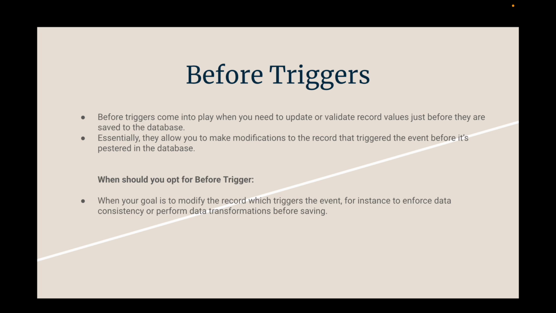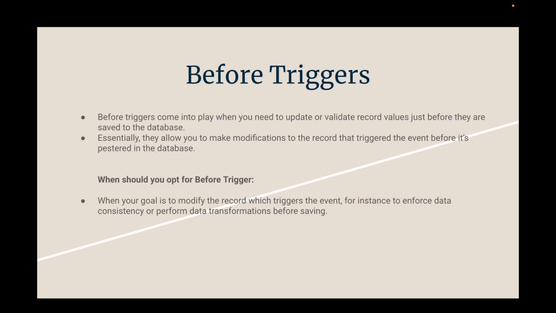That event is when our record is getting saved to the database. Whenever our record is getting saved to the database, just right before that we want to perform this before trigger or before event.